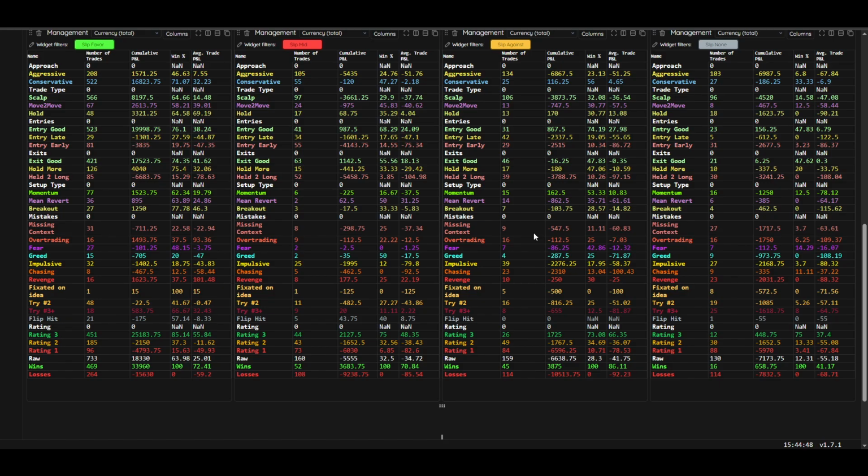Against a reclaim long. If this is a long or short, it says it here, short. I guess I got in here against the reclaim, obviously.